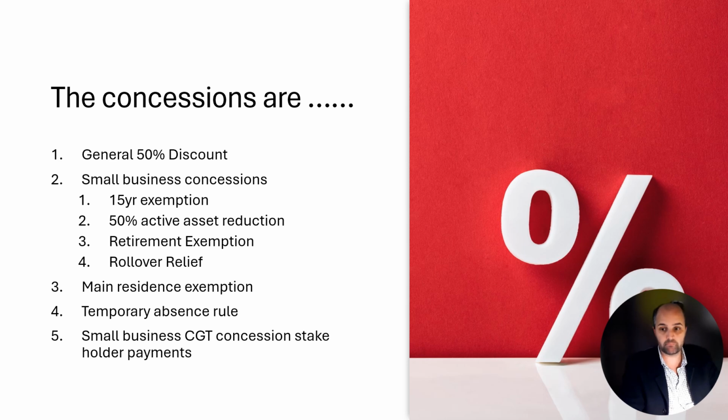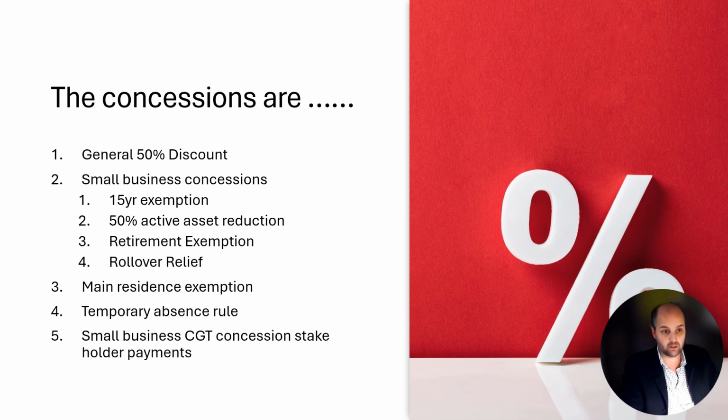The number 3, retirement exemption. The owner has to be over 55 years old. If they are not over 55, the proceeds must go into a superannuation fund. There is a limit of $500,000. You can only use this exemption once. Once you've used it, you can't use it again.